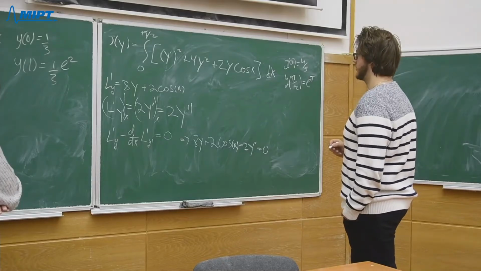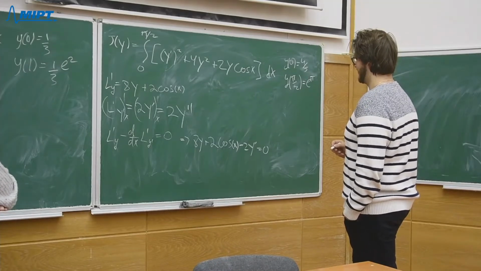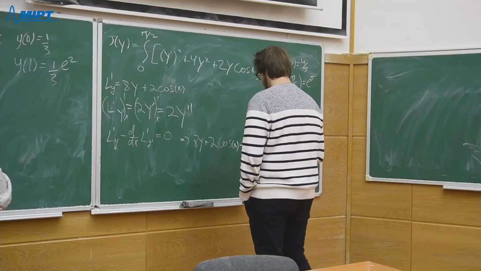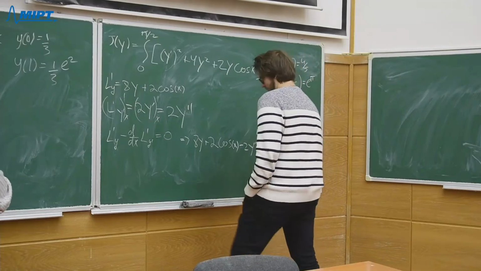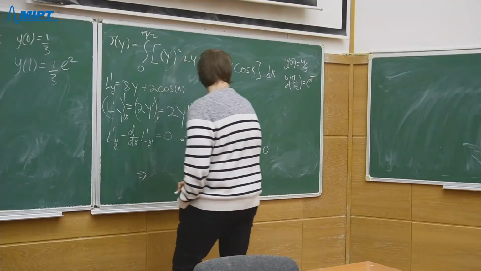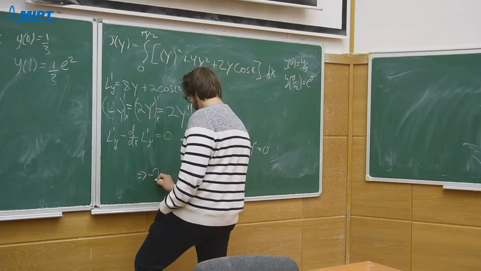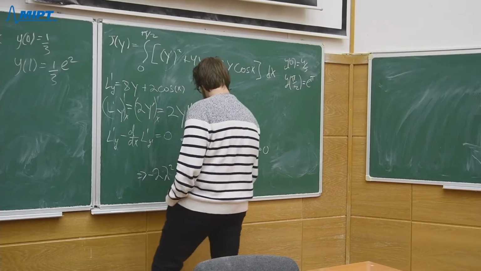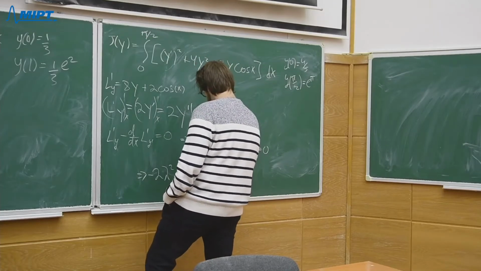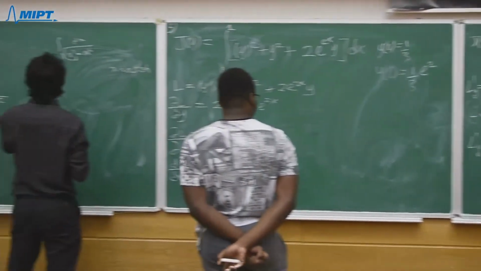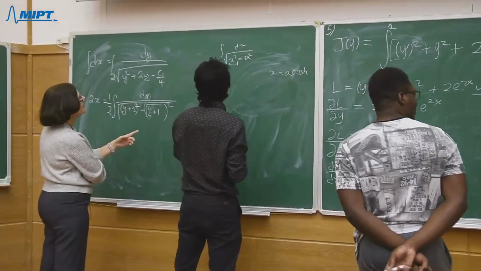Next, try to solve this. Oh, I know how. Great, it's great if you know. It's going to be minus 3. The most complicated is yours. So this is correct. Give me 2 minutes.